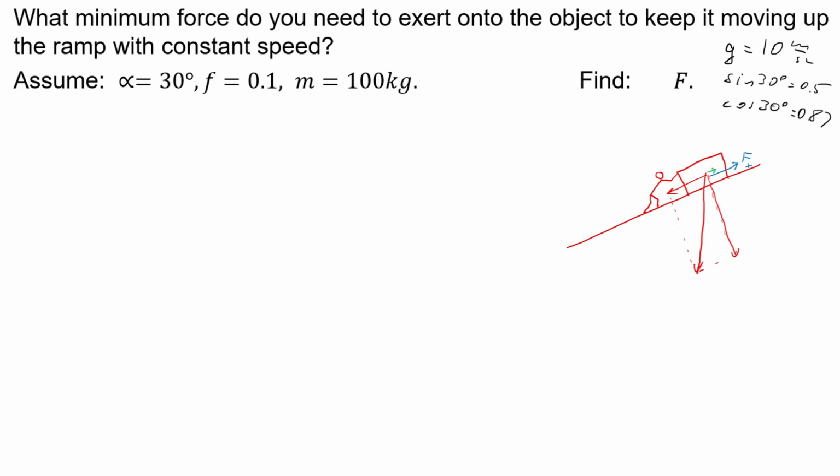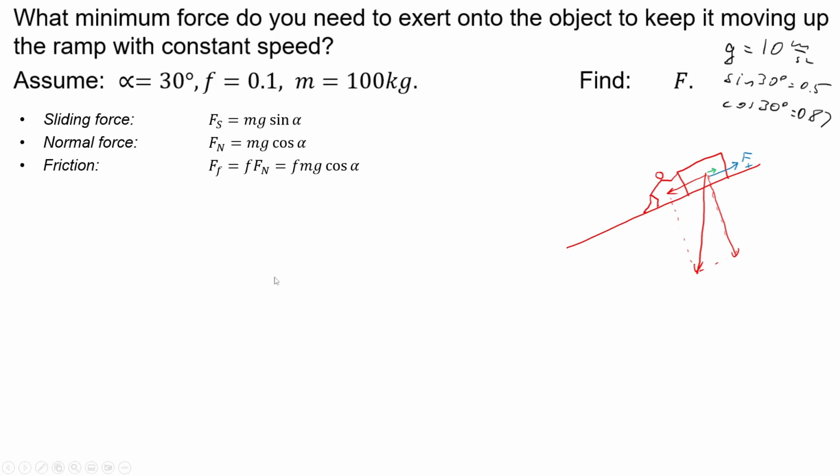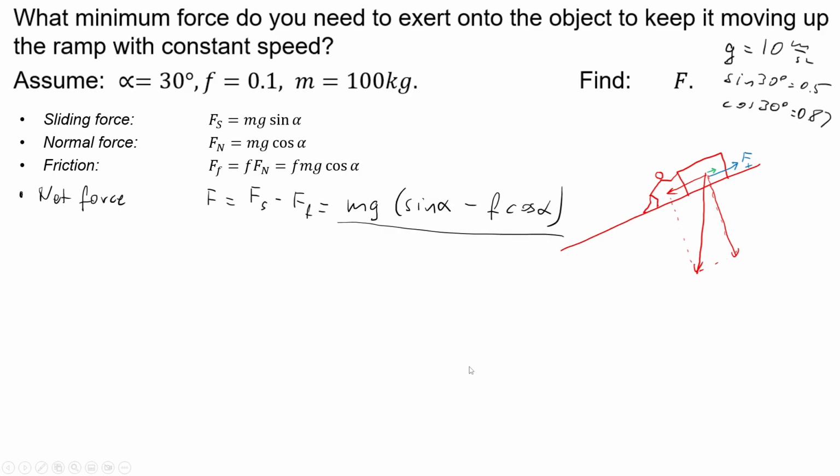So if this is constant speed, this means that forces are balanced. Our so-called no-brainer part is the sliding force, normal force, and friction force, and I have copied and pasted the calculation of the net force from the previous question.